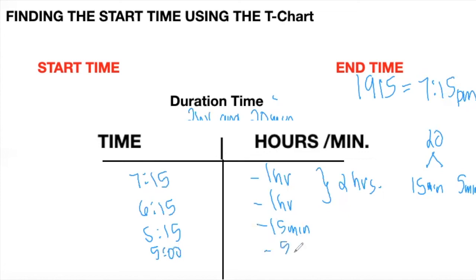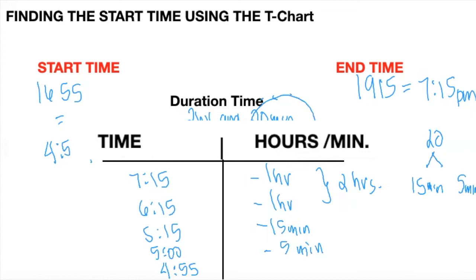And then minus 5 minutes again to complete the 20 minutes. Therefore, it will give us 4:55 p.m. Take note, our previous answer was 1655, and 1655 is the same as 4:55 p.m.